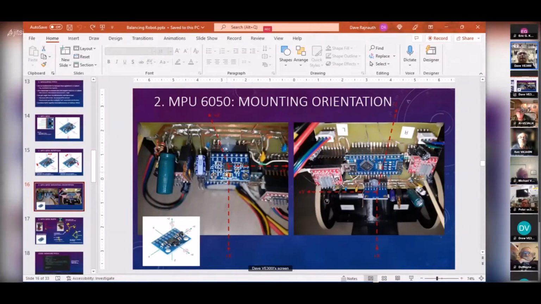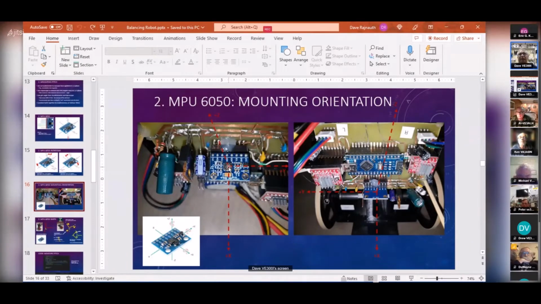The mounting that I have on my robot is that I have it mounted upside down. So here is the IMU, the MPU 6050. The plus Z axis is coming up this way, but here I'm looking up at the robot, so the robot's upside down.